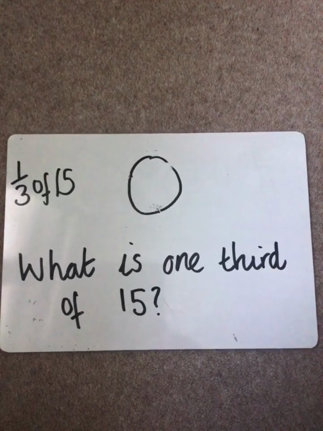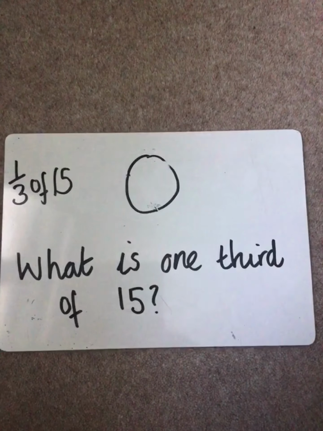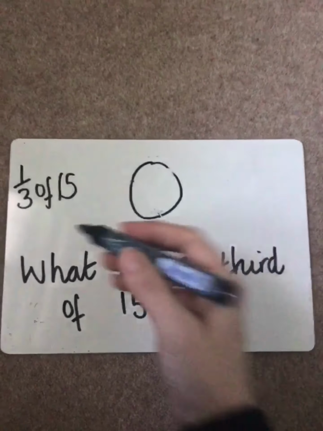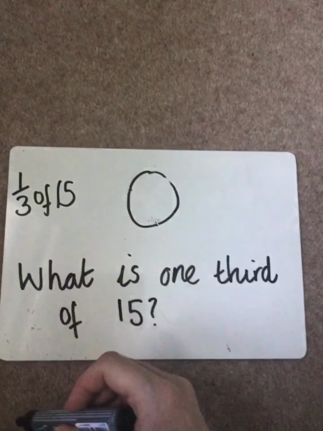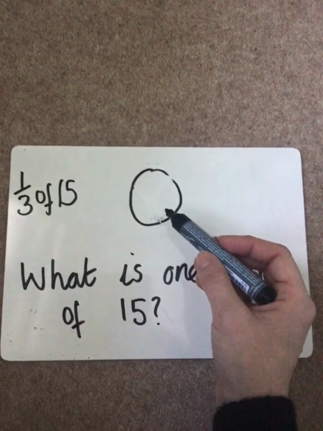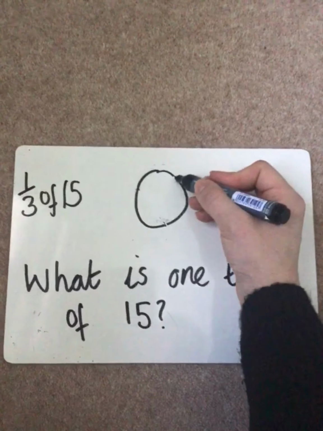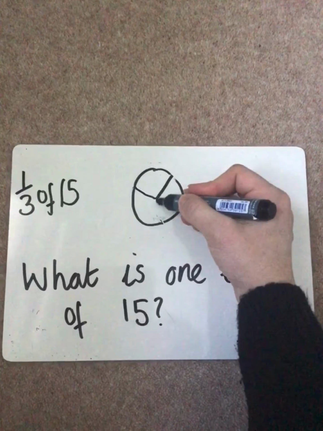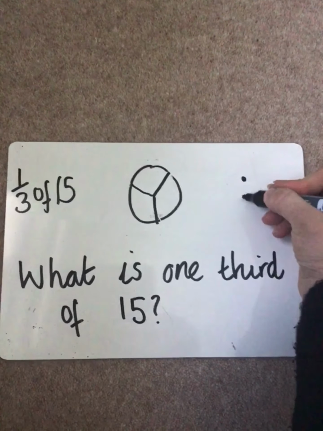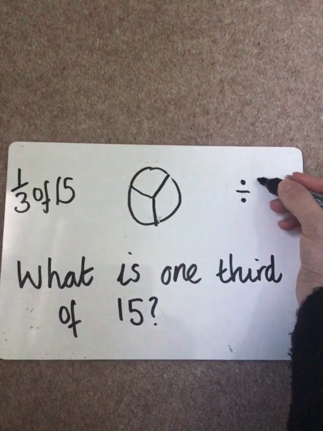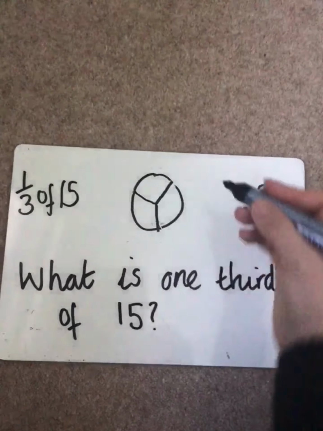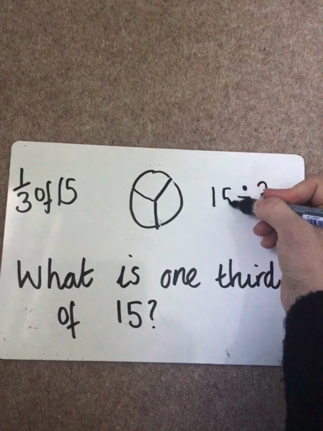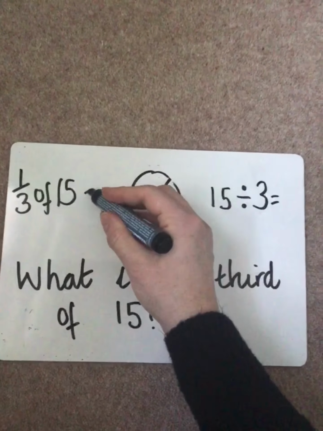So this time I'm after a third of 15. What's the bottom number of the fraction? 3. So what do I need to divide my circle into? 3. What am I dividing by or sharing between? 3. What number is it that I'm sharing? 15. I wonder what the answer will be.